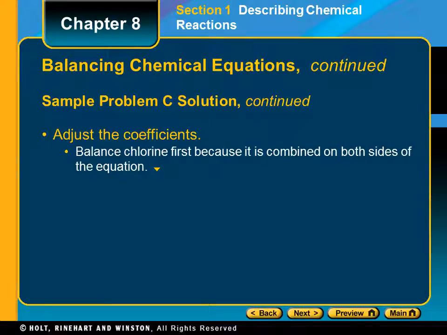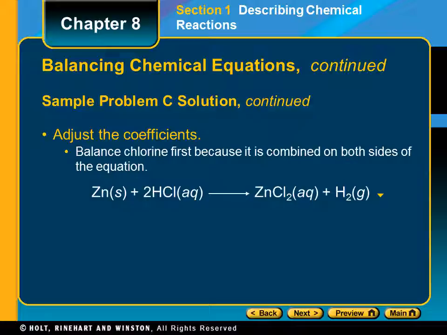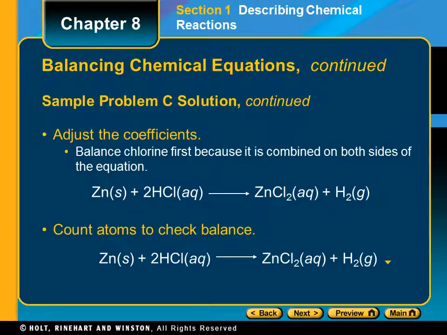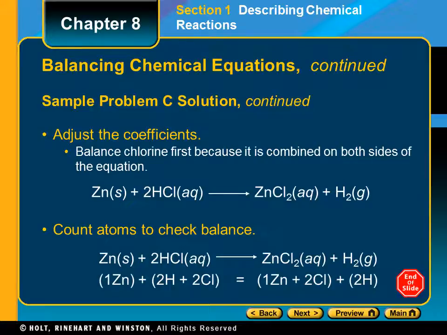Balance chlorine first because it is combined on both sides. So 2HCl, there you go. Your Cl is balanced. Count atoms to check balance. Notice you've got one zinc on each side, two hydrogen on each side, two chlorine on each side.